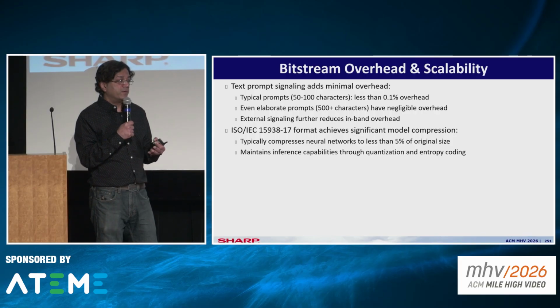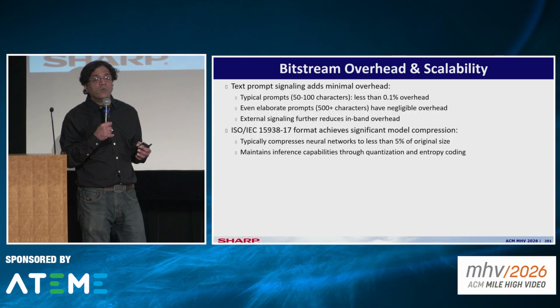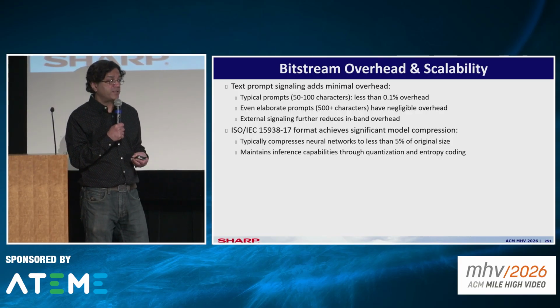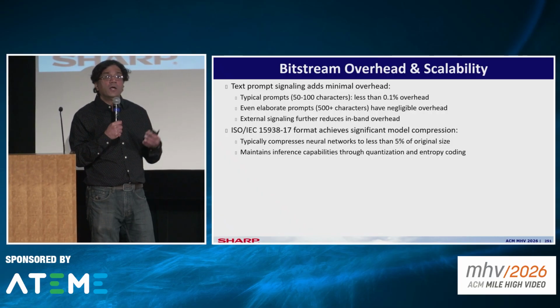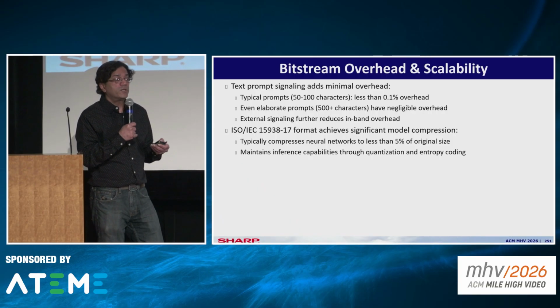And one example I want to give you is, for example, the original neural network was, say, 550 megabytes, and through this ISO IEC 15938-17, it got compressed down to 9 megabytes. That's one very high capacity neural network. In other practical cases, you may have a neural network with only 2 million parameters, maybe let's say 2 megabytes, and it gets compressed down to 0.2 or 0.4 megabytes. So it's doable.